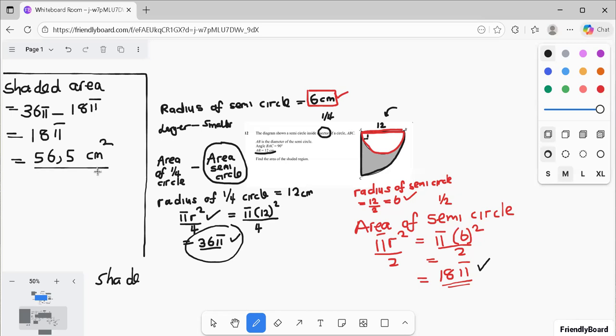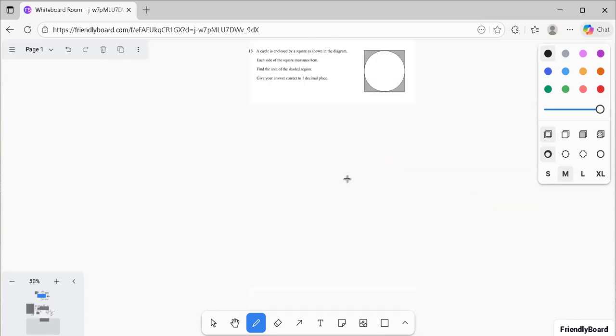Okay, I'm done. So you see that I just applied that concept, area of larger, take away area of smaller. That's the concept. Okay. So now let's move on to the next question here.